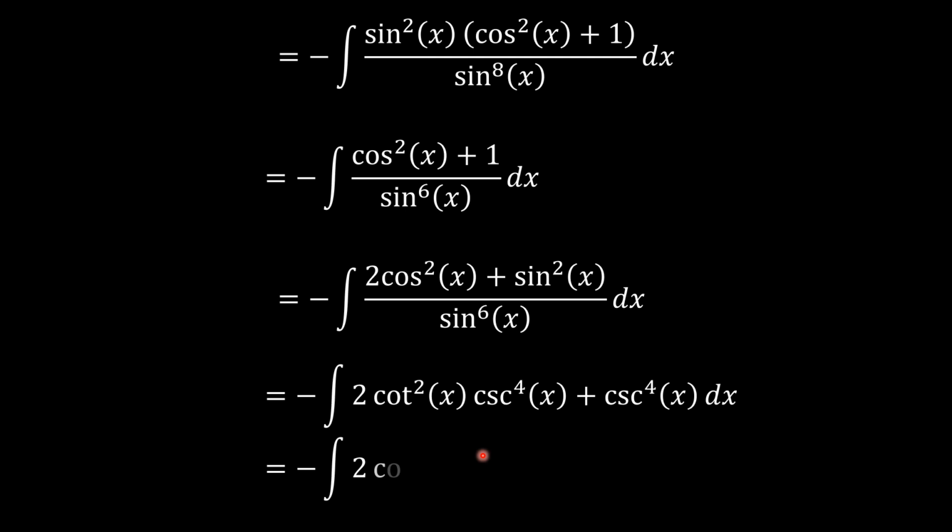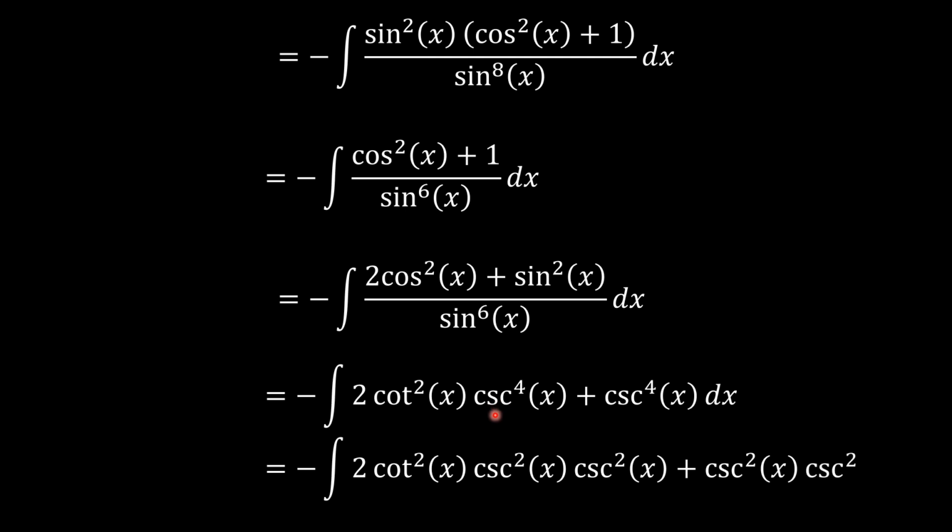Interesting thing to note, we could express cosecant to the power 4 as cosecant squared x times cosecant squared of x, and since we can express cosecant squared of x as 1 plus cotangent squared, we can quickly replace that.